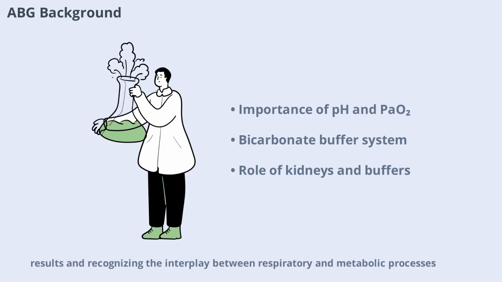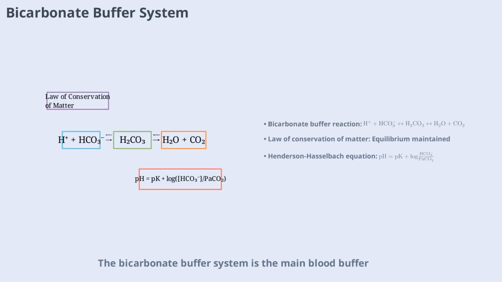respiratory and metabolic processes. The bicarbonate buffer system is the main blood buffer, crucial for maintaining acid-base equilibrium. The reaction involves hydrogen ions, bicarbonate, carbonic acid, water, and carbon dioxide. The law of conservation of matter ensures equilibrium between reactants and products.